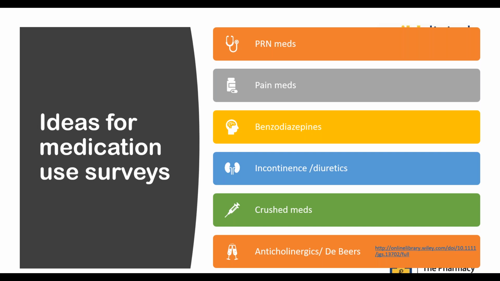You can look at the connection between diuretics and incontinence, because often older people don't make it to the bathroom quick enough and they will be incontinent. You can look at all the crushed meds. You'll be very surprised when you look at the crushed meds to see what they're crushing. And then you can look at things like anticholinergic or inappropriate medicines for the elderly.